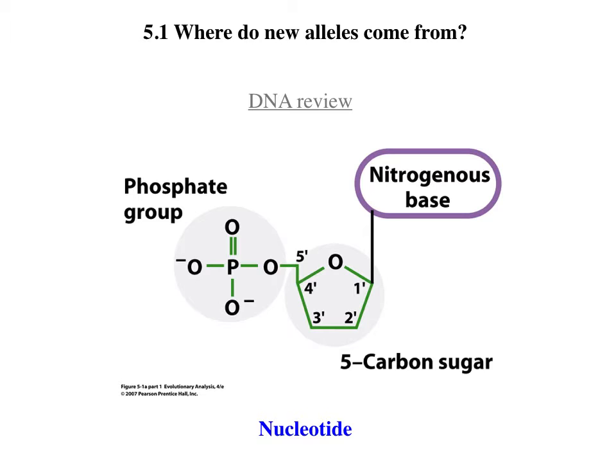In RNA, it has a hydroxyl group. If you remember, a hydroxyl group is made up of an oxygen and a hydrogen, and so DNA has one less oxygen than RNA. That's where the deoxy part of deoxyribonucleic acid, DNA, comes from.